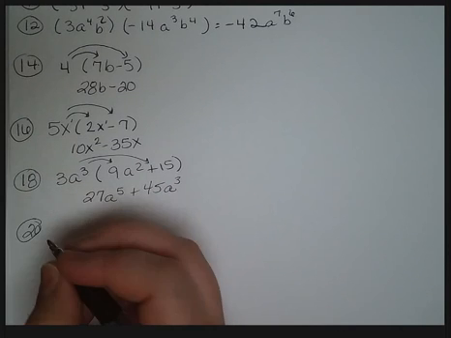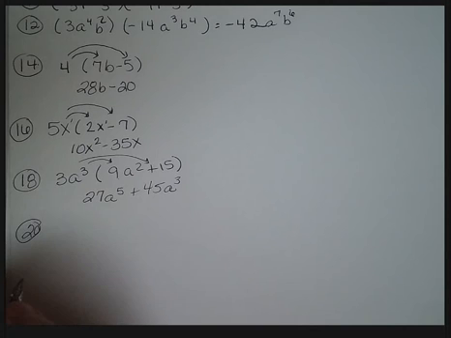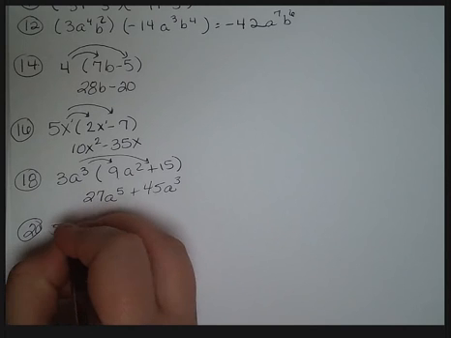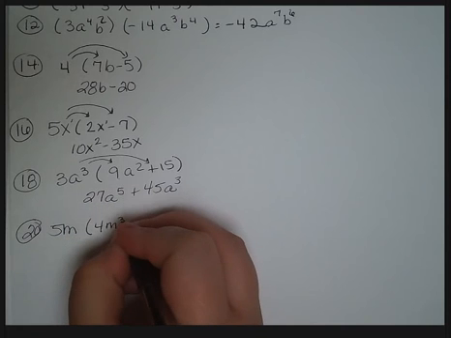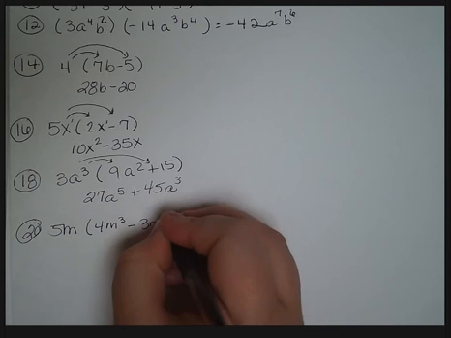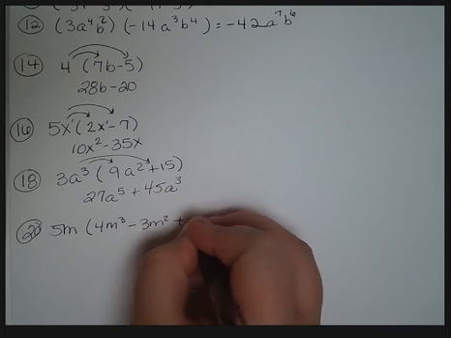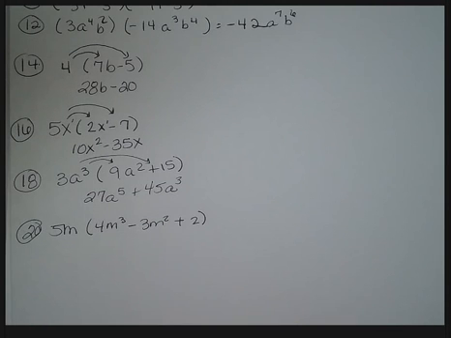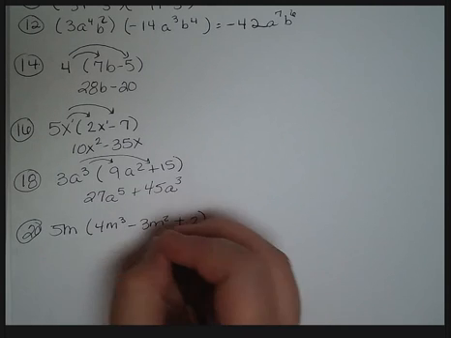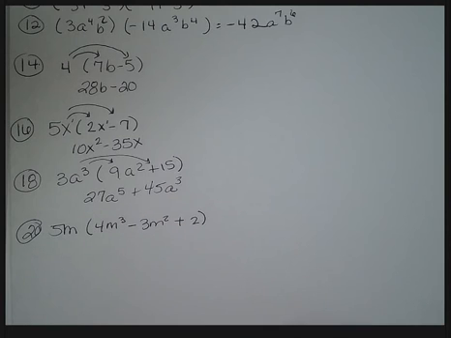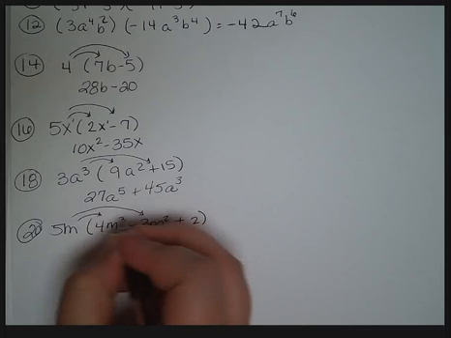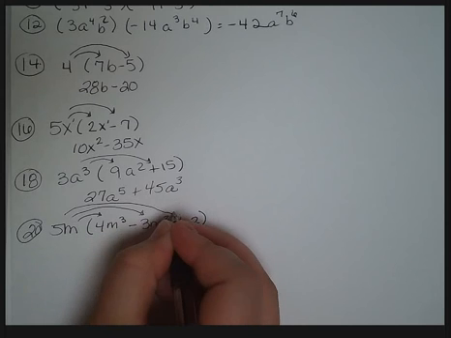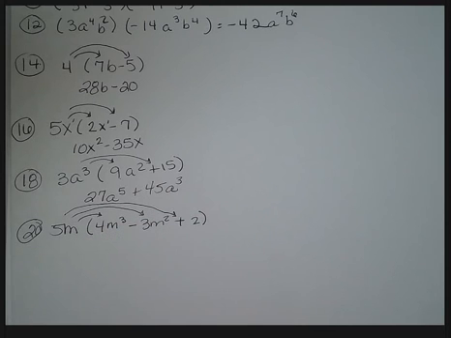Problem number 20. You have 5m times 4m to the third minus 3m squared plus 2. So here there are more terms inside of the parentheses, but that doesn't change anything. You still multiply that 5m times every term inside.